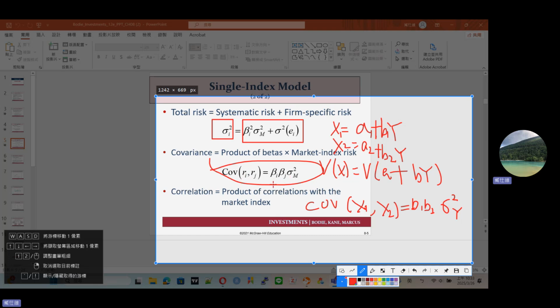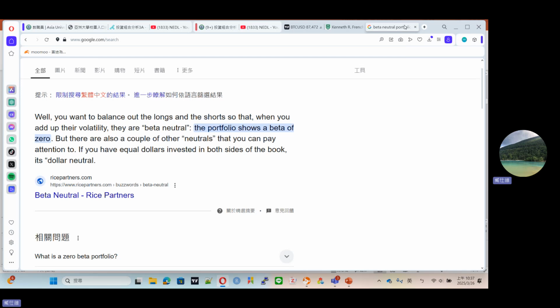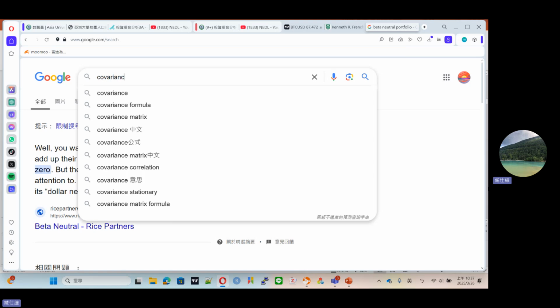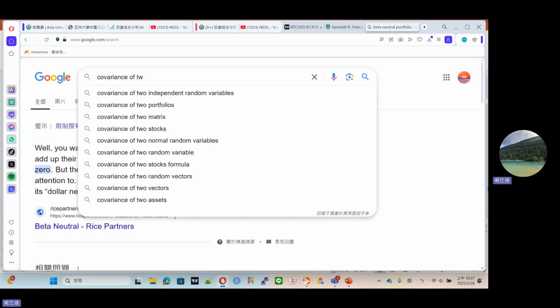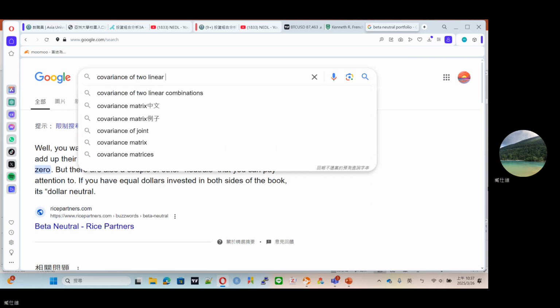But anyway, if you don't understand this, I suggest you go back to your statistics. It's quite easy if you Google this, variance of linear combination, whatever.